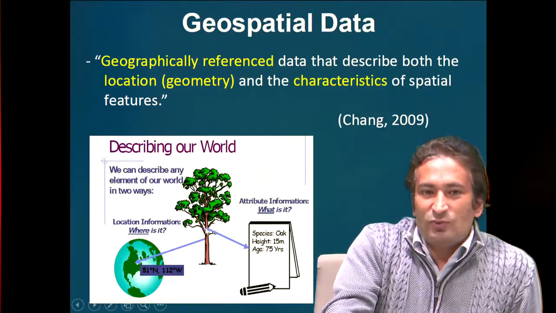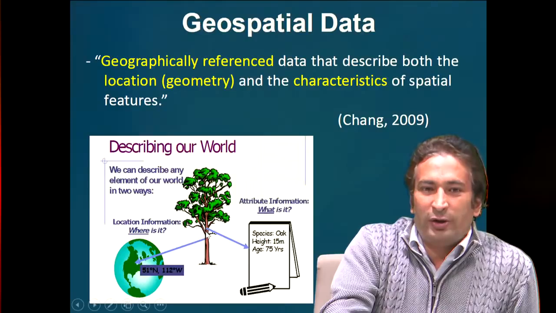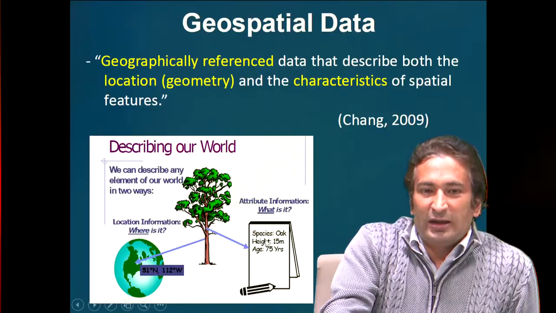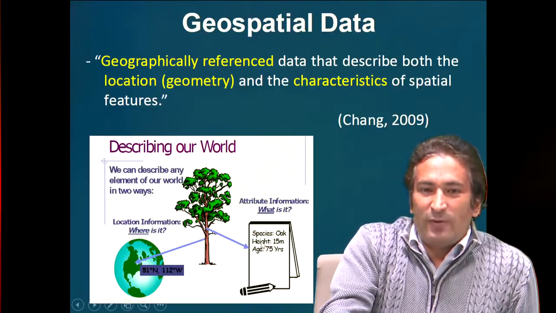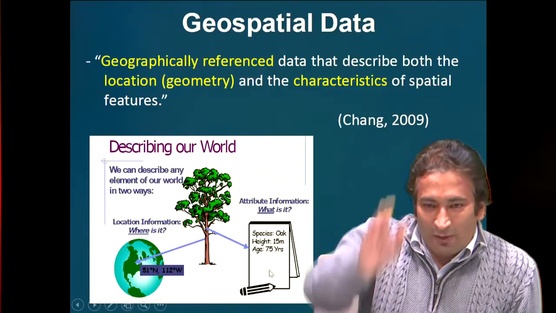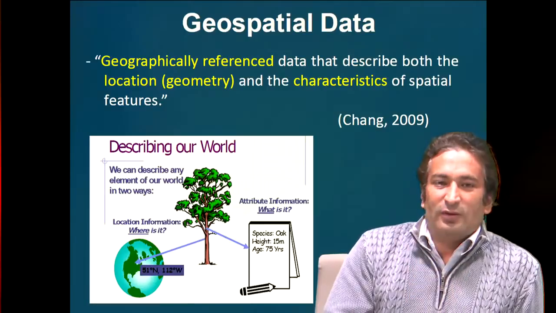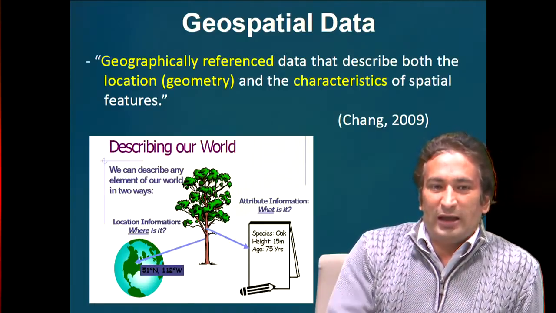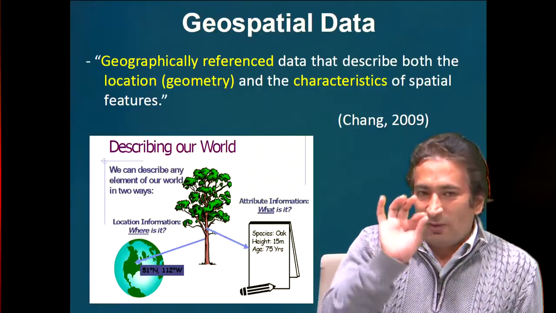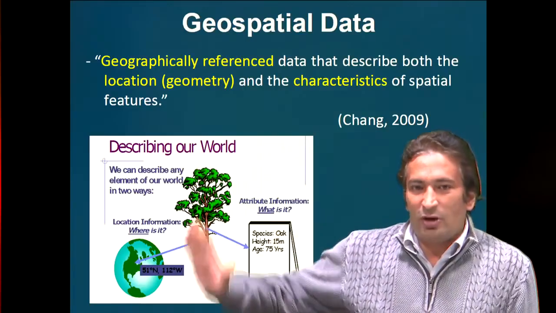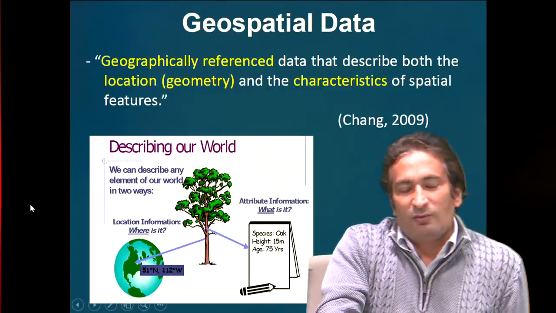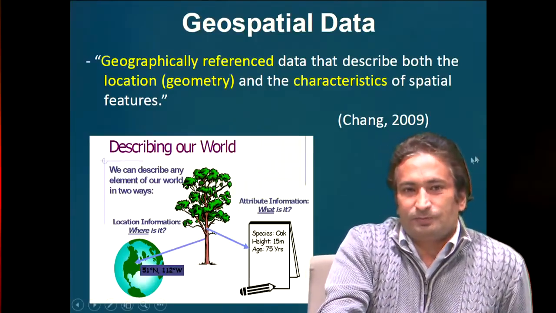It has coordinates, latitude and longitude, and it has attribute information also, like what is the species, what is the height, and what is the age of the tree. So we can have n number of attributes stored with one geometry. Like this is the point location, and I will be talking about points and all those things also. So one geographical coordinate can have n number of attributes attached to it, and we can analyze these attributes for further decision making or any other applications.